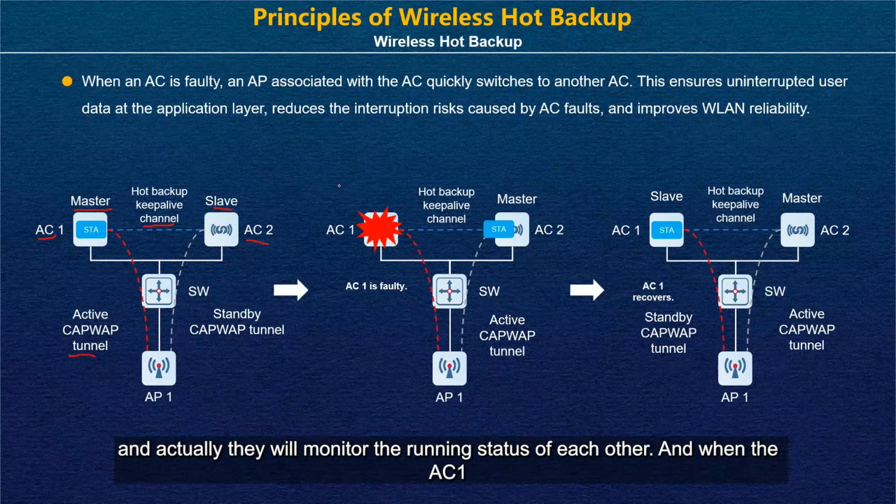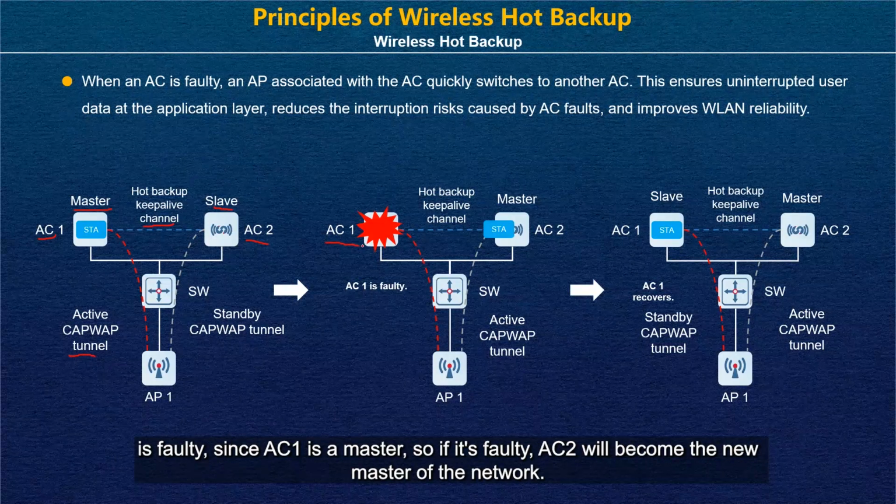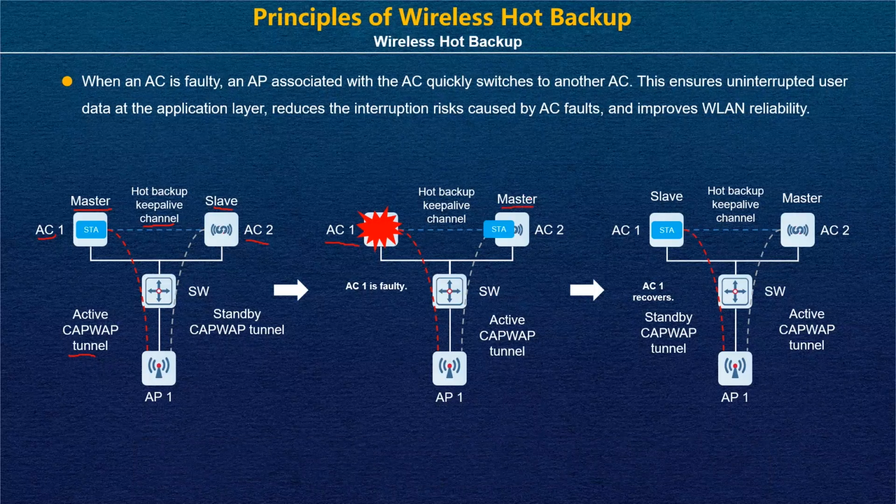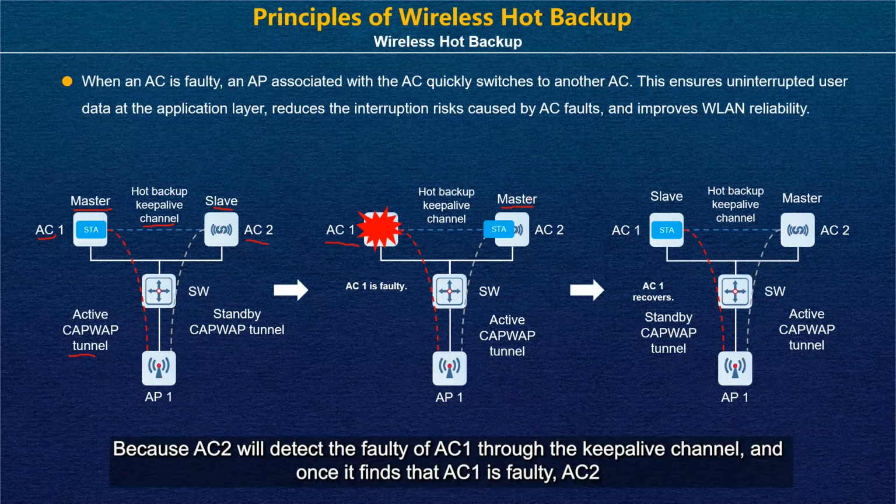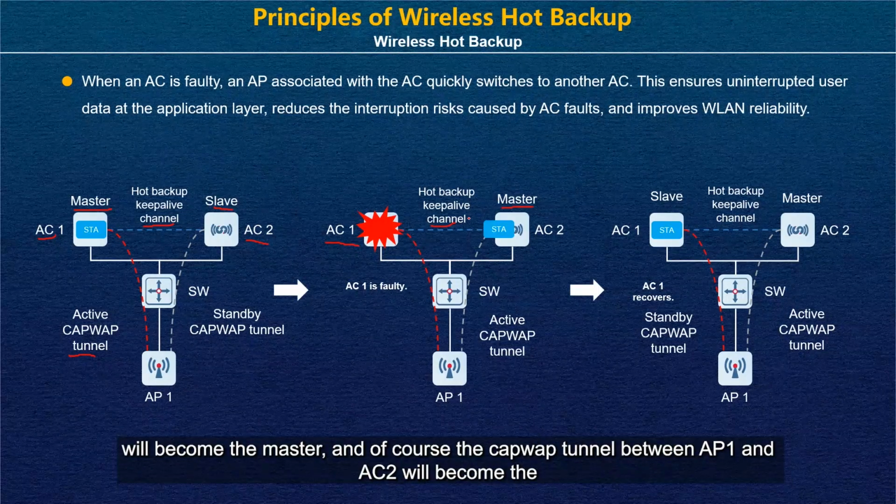When AC1 is down, since AC1 is the master, AC2 will become the new master of the network, because AC2 will detect the failure of AC1 through the keep-alive channel.